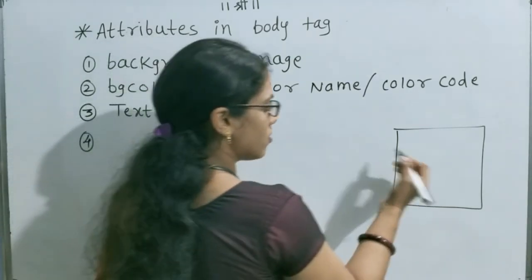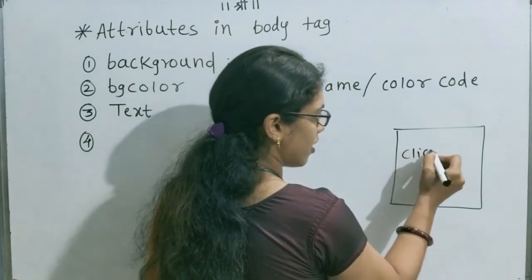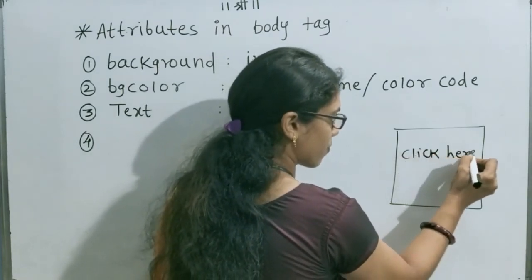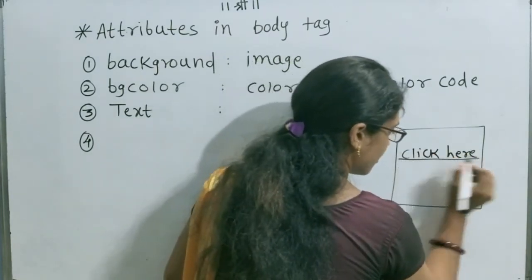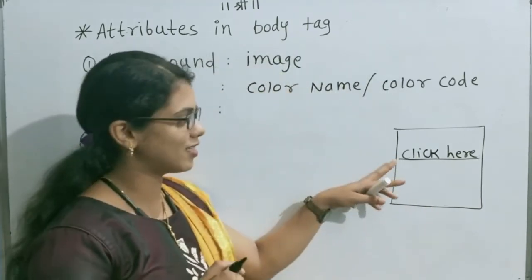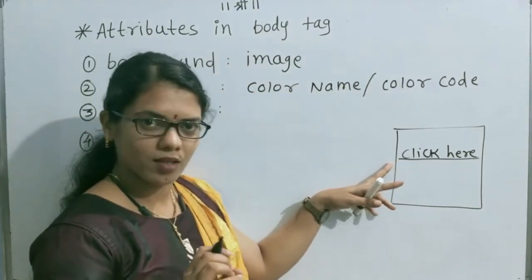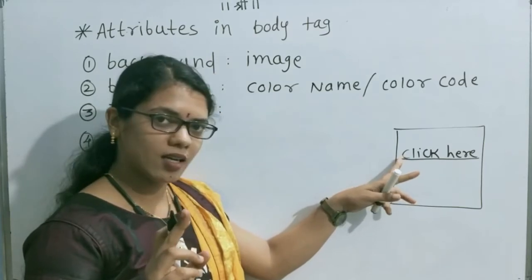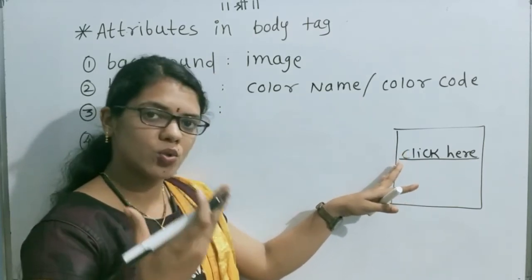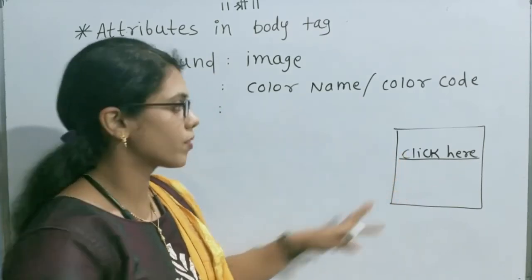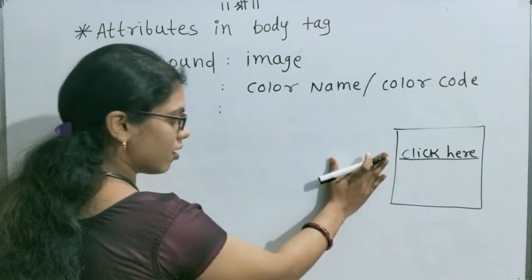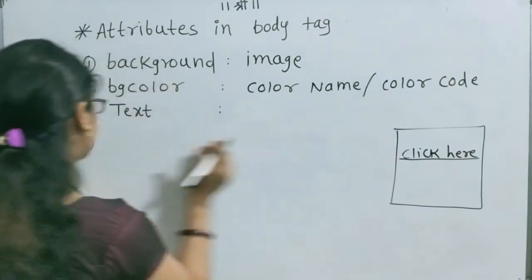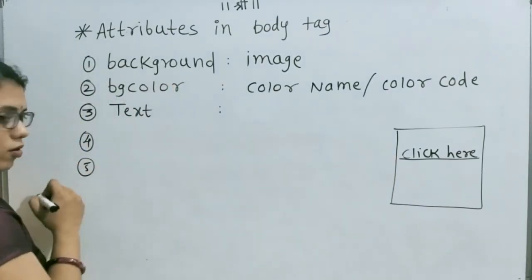So listen, suppose this is the link part, click here. Click here is displayed, just consider, in blue color. When the user clicks on that link, that blue color is changed to purple color. So link and visited link relate to two attributes.